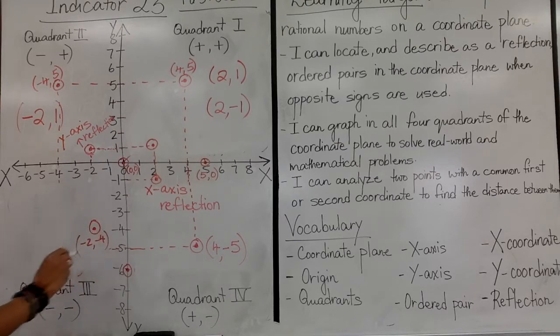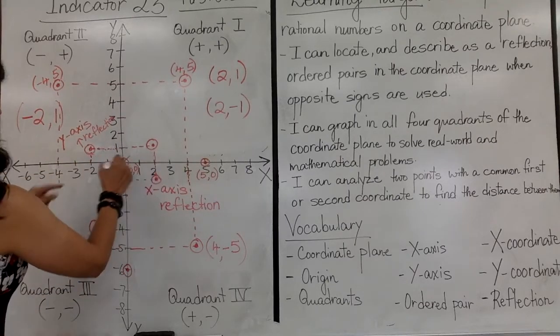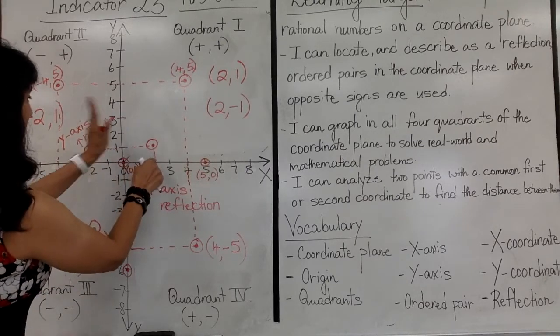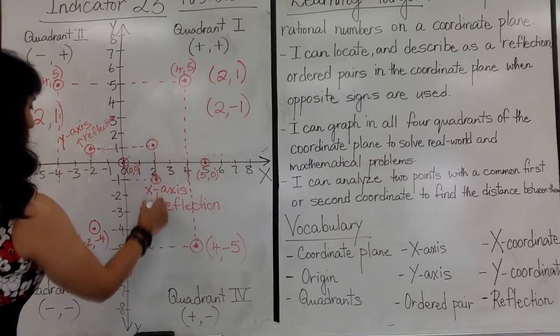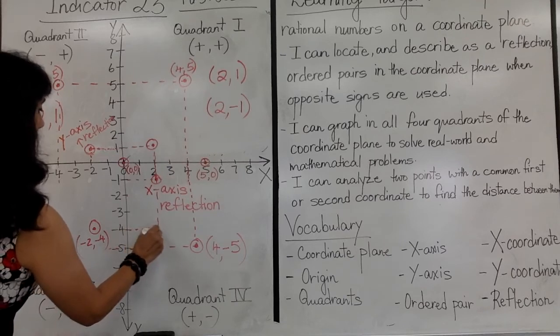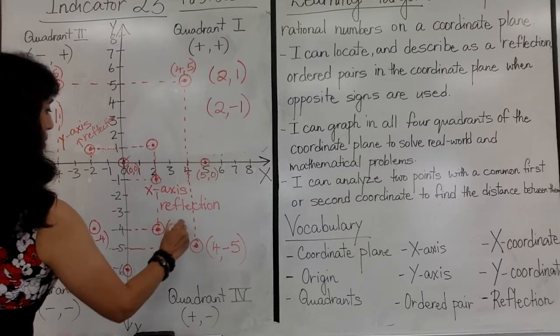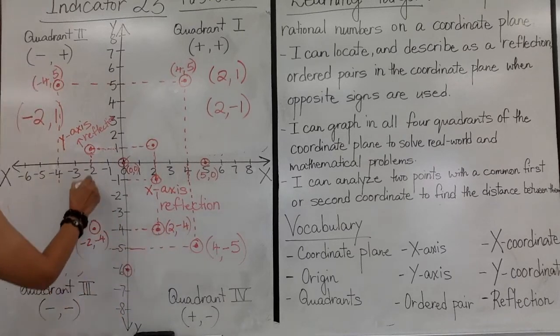Okay, and then if it's asking me to reflect on the y-axis, I am going to reflect on this. So here, this is 2. I'm going to reflect off that. So this is 2. I'm going to come down here, and I am going to go here. Okay, so it's going to become 2, -4. And of course, the y remains the same.